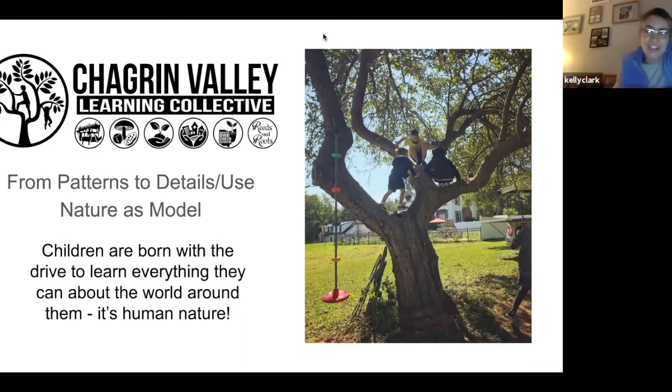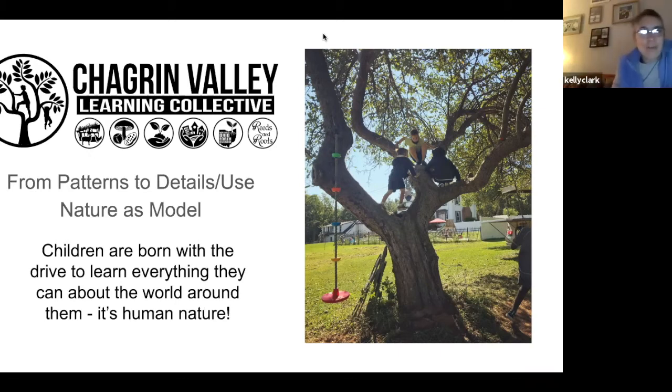Humans are nature. And so the pattern of a child born is that they are immediately striving to learn everything they can about their environment so they can figure out how to navigate it and be a sort of fully realized member of their environment, of the society that they're in, the humans that they're interacting with.